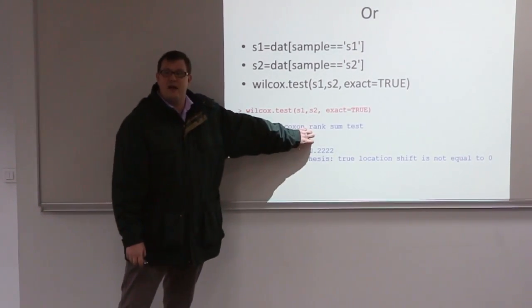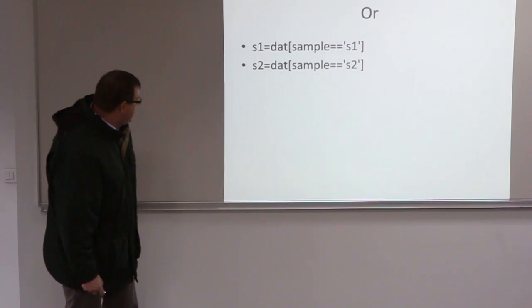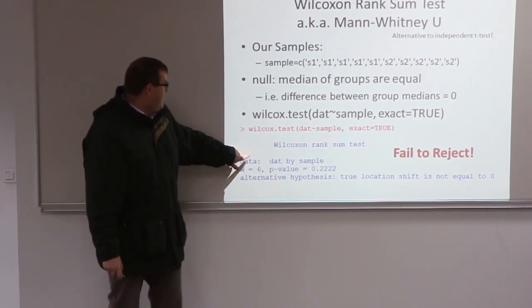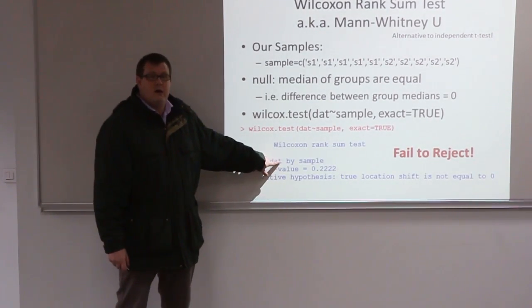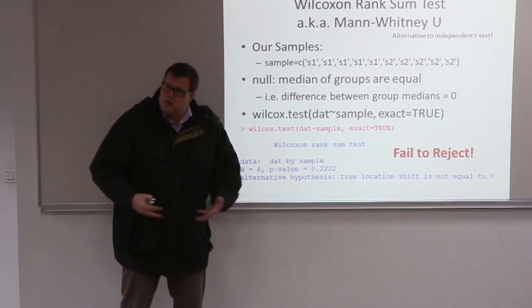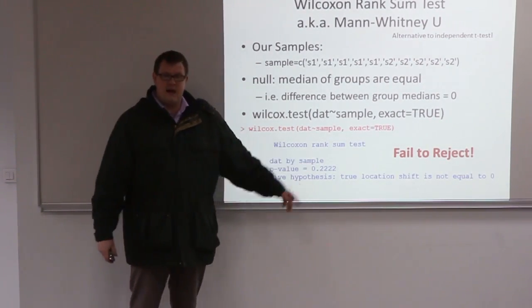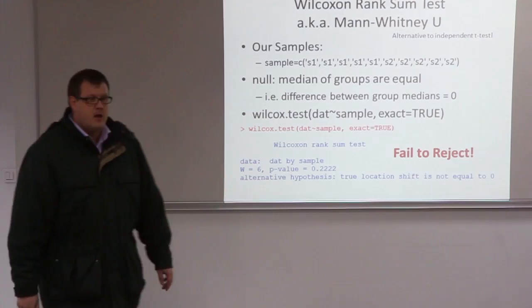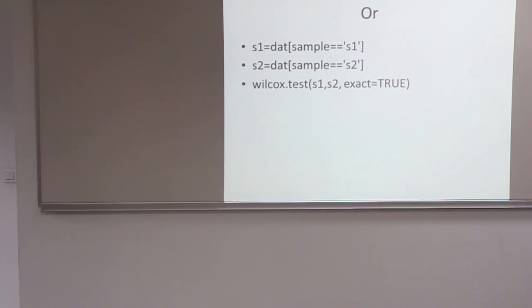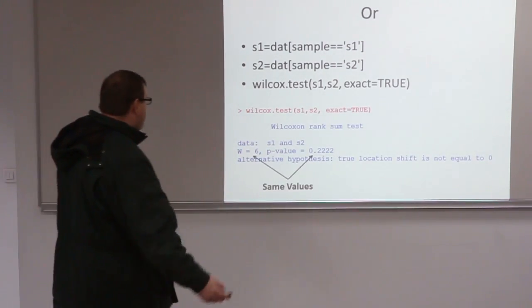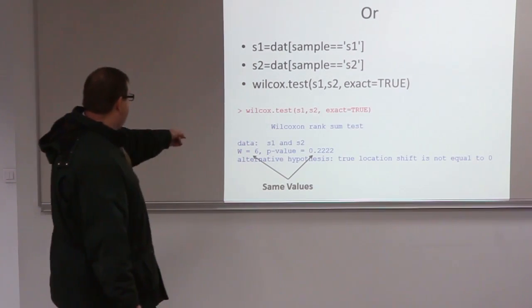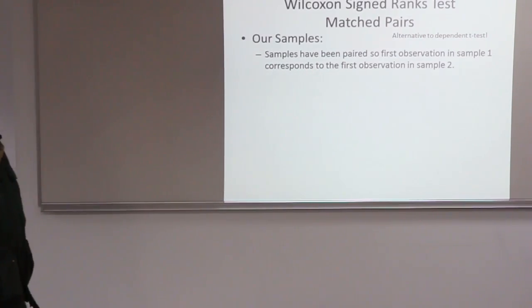We have our sample 1 and our sample 2. Earlier we had something a little bit different. Data was our data organized or grouped by sample. Okay? All right, so again, we should fail to reject. We have the same values there, so that's pretty sweet.